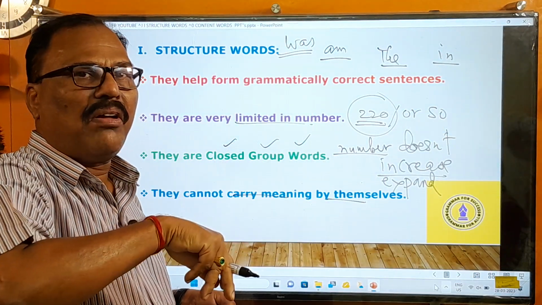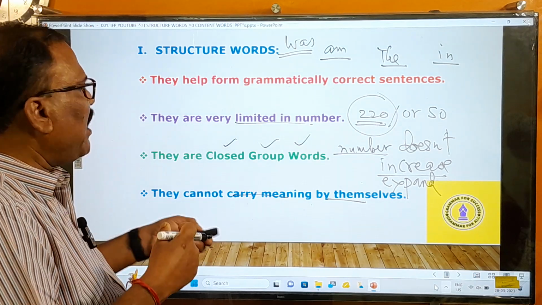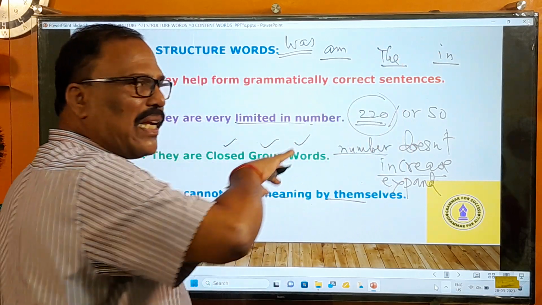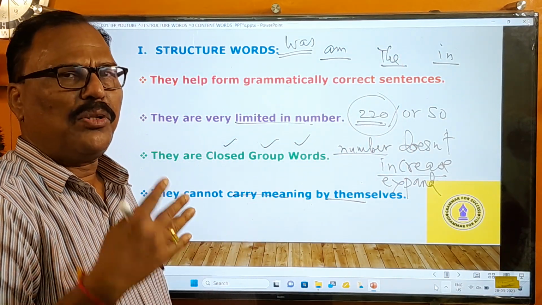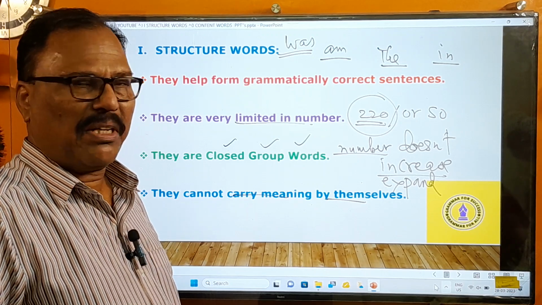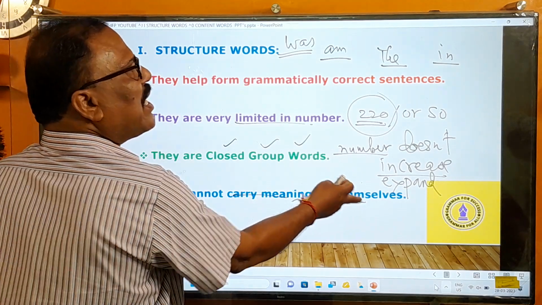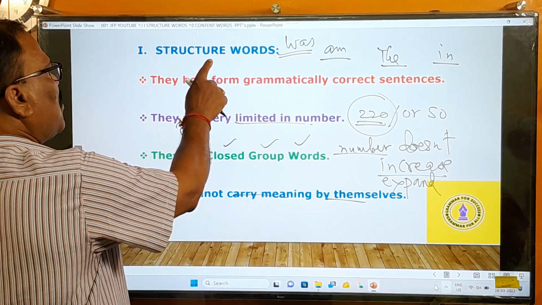Individually, the words may have meaning, but they do not carry any meaning by themselves. Only when they are used in sentences, they carry beautiful meaning. Until then, they have just a nominal individual meaning only. So that's why we can say they cannot carry meaning by themselves. These four important points you can learn about the structure words.